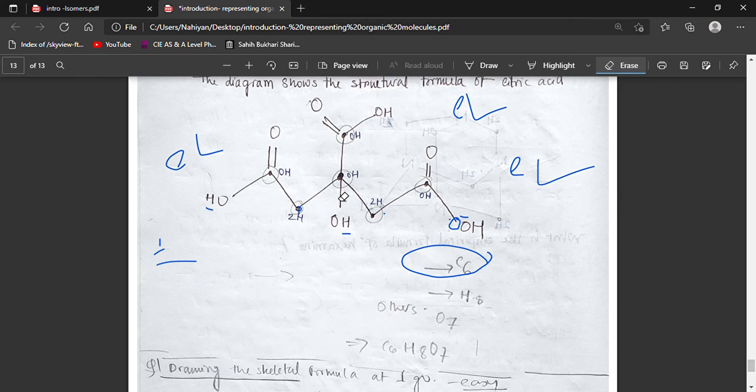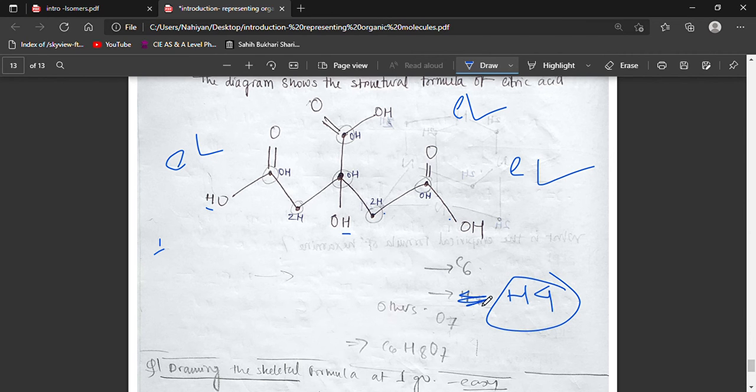Let's just remove all this and count it again. So we have 1, 2, 3, 4. So for the time being, let's say we have 4 hydrogen. I don't know why I wrote this. I think I counted this also, which could be done as well. And we have other 1, 2.